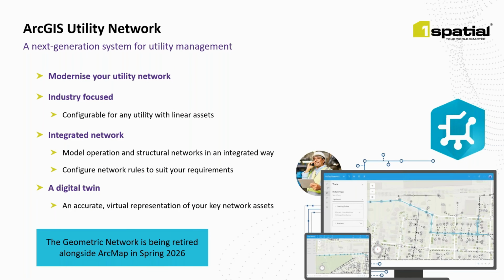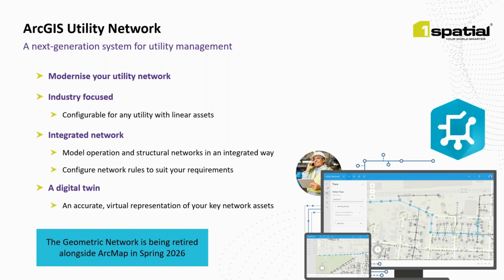So first of all, let's just touch on what the ArcGIS Utility Network is, why you might consider migrating to it, and also what the benefits might be. So really, it's a next generation system for managing your utility network data. So it's all about modernizing your data assets.